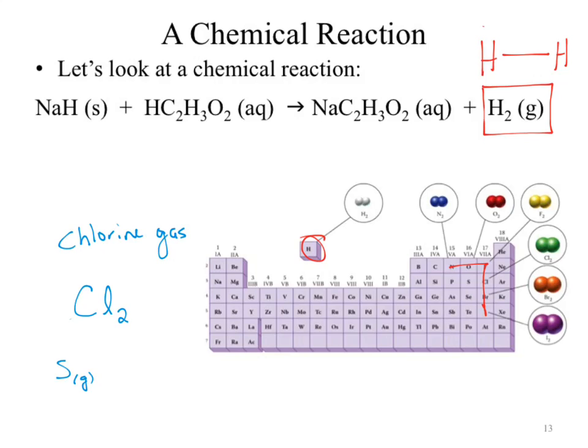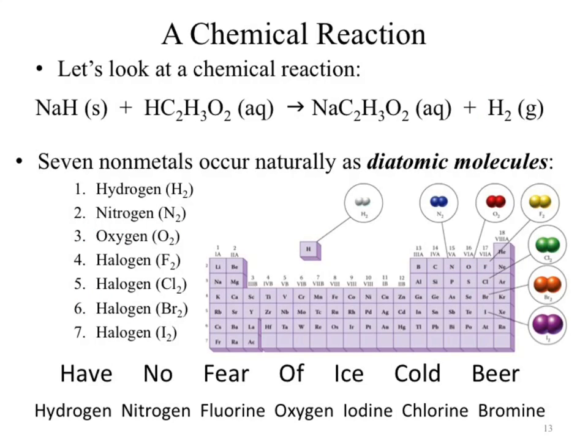There's another one that maybe a few of you heard that I mentioned in lab. Remember that one? Have no fear of ice-cold beer. Okay? Have represents hydrogen, no, nitrogen, fear, fluorine, of, oxygen, ice, iodine, cold, chlorine, beer, bromine.